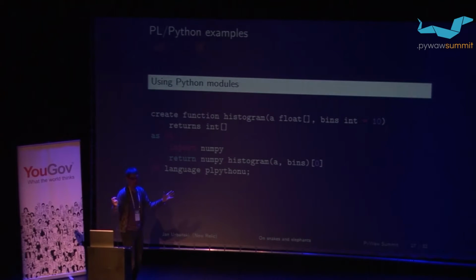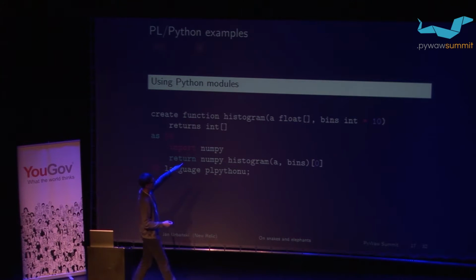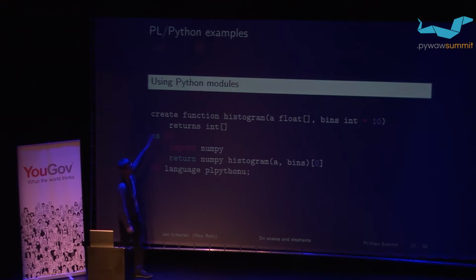It's Python, right? So just plain Python would not be that interesting. The interesting part is using things that come with Python, like NumPy. So let's say I define a function, call it histogram. This is SQL. Up to here, it's Postgres syntax.